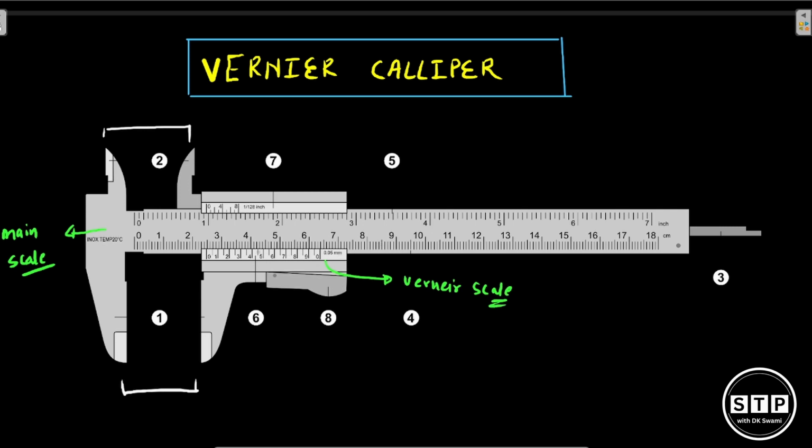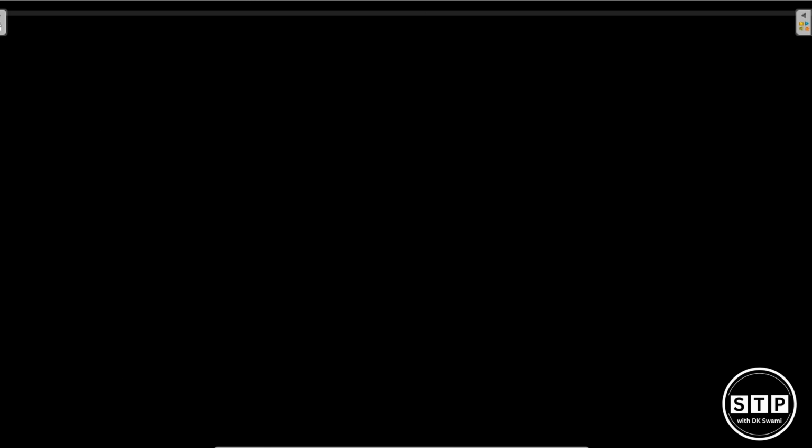So here there will be a certain number of divisions, and there will be some relation between the main scale and vernier scale. So let's discuss one by one all of them and how we will calculate the reading. Let's first discuss the important parts of this vernier caliper. So first one is the main scale.